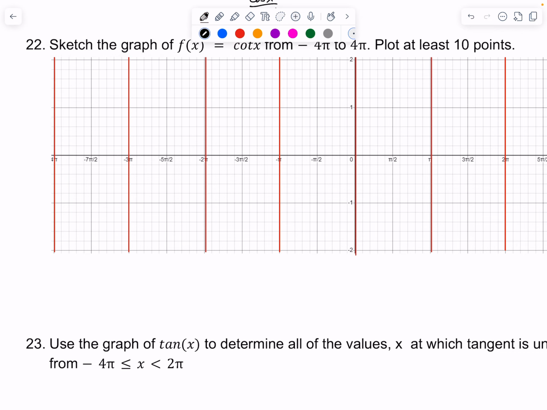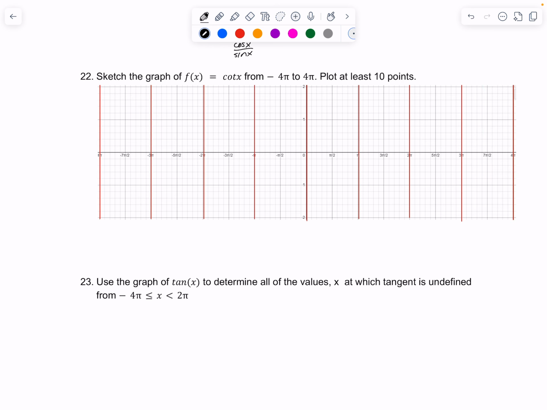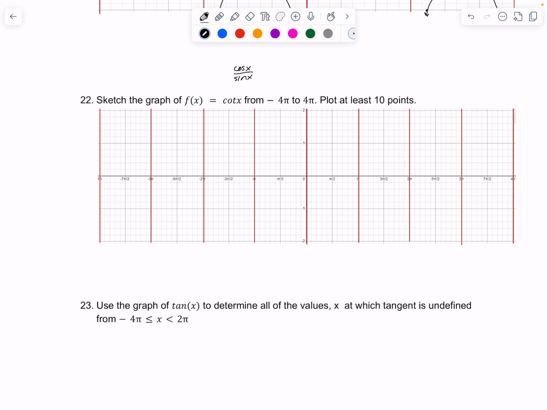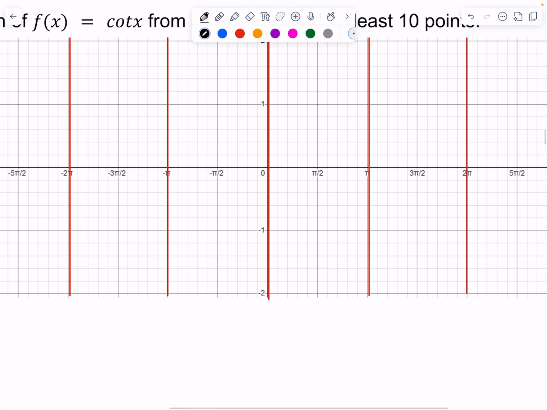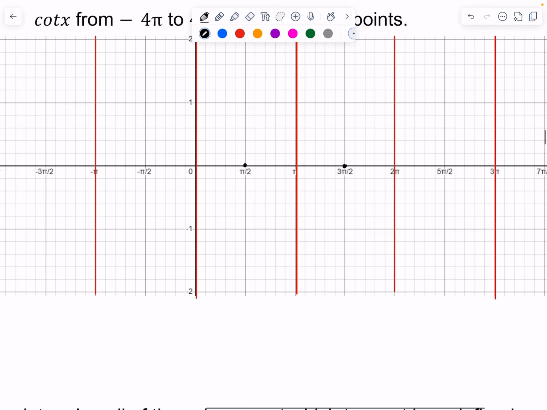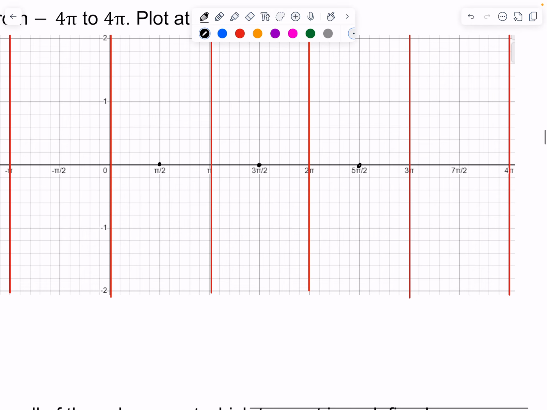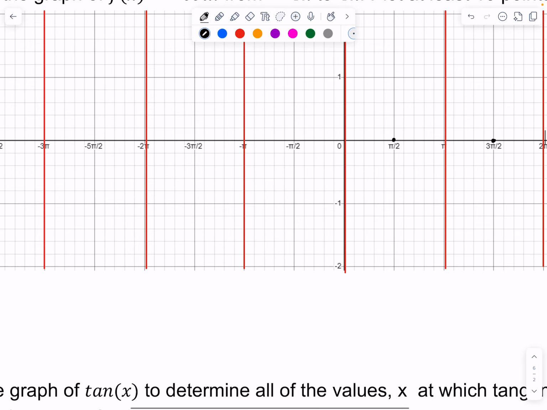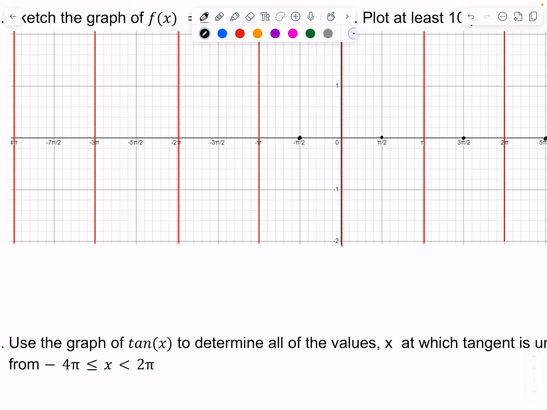Okay, then let's see. I want to know where cotangent is 0, because 0 is pretty easy. So it's 0 whenever cosine is 0. So cosine is 0 at pi over 2, 3 pi over 2, 5 pi over 2, and 7 pi over 2. Same thing in the negative direction. It'll be 0 at all of these places.